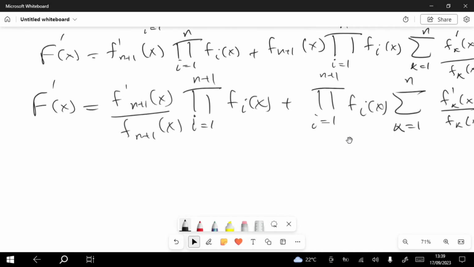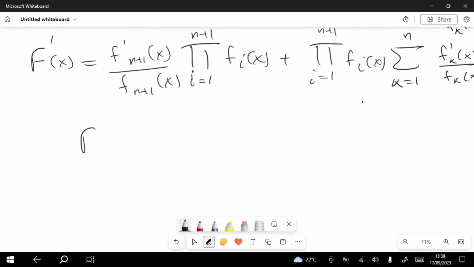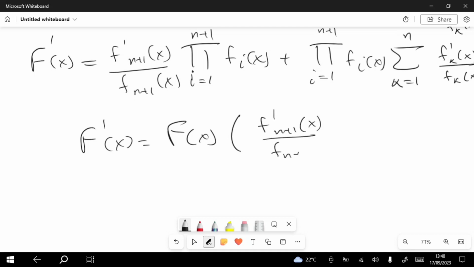This is f of x, we can factorize with it, and this becomes f prime of x, f of x times this f sub n+1 prime of x over f sub n+1 of x, plus the sum, k goes from 1 all the way to n, of f sub k prime of x over f sub k of x.